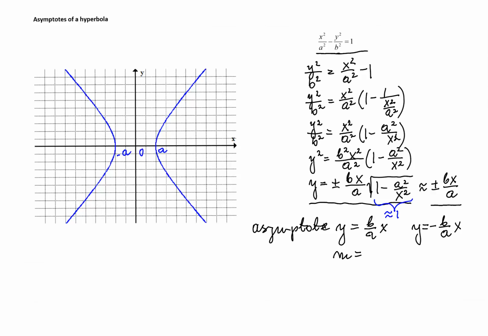So the slope for the first line is b over a, the slope for the second line is negative b over a. Both lines have y-intercept 0, and therefore they will pass through the origin, and that means they will pass through the center of our hyperbola.